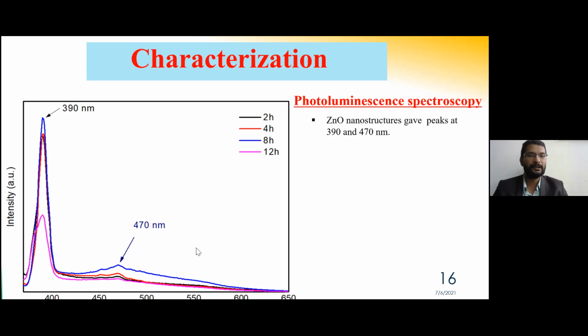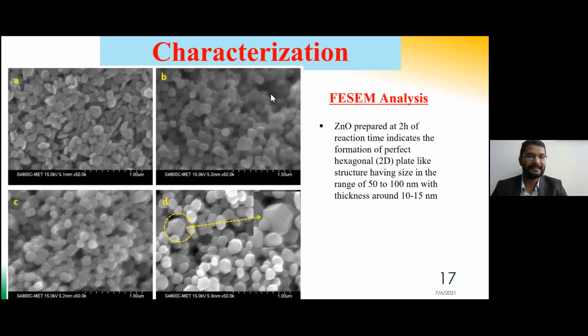Then we go for the FESEM analysis. In the 2-hour reaction time, FESEM exactly shows two-dimensional hexagonal plates, having a particle size of about 50 to 100 nanometers with a thickness of 10 to 15 nanometers.